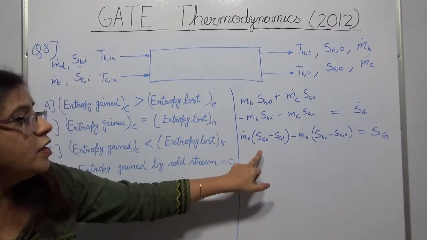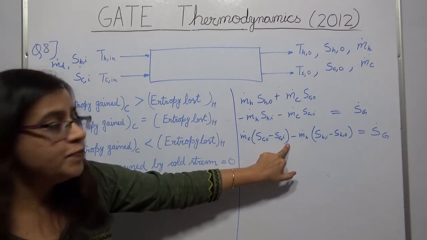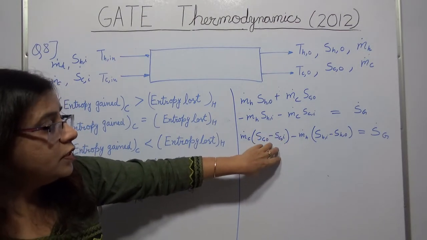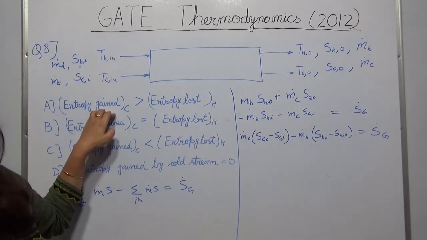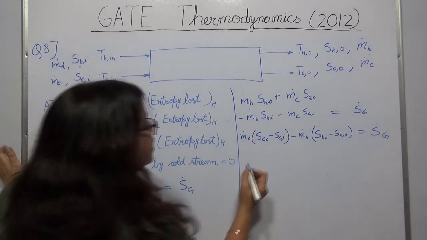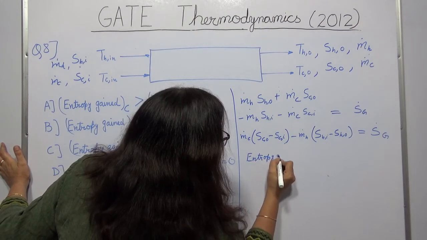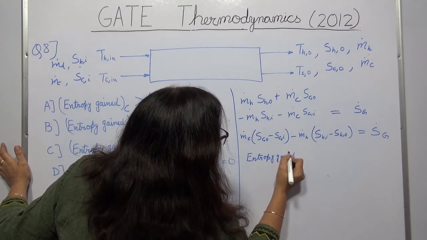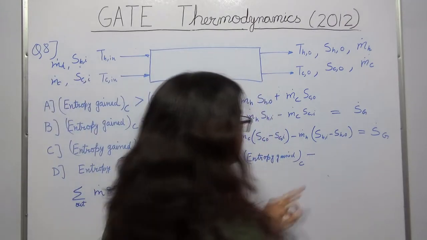Now look closely, what is S_CO minus S_CI? Out minus in. So this is your entropy which is gained by the cold fluid. So I can write that this is my entropy gained by cold fluid. Minus, what is this?